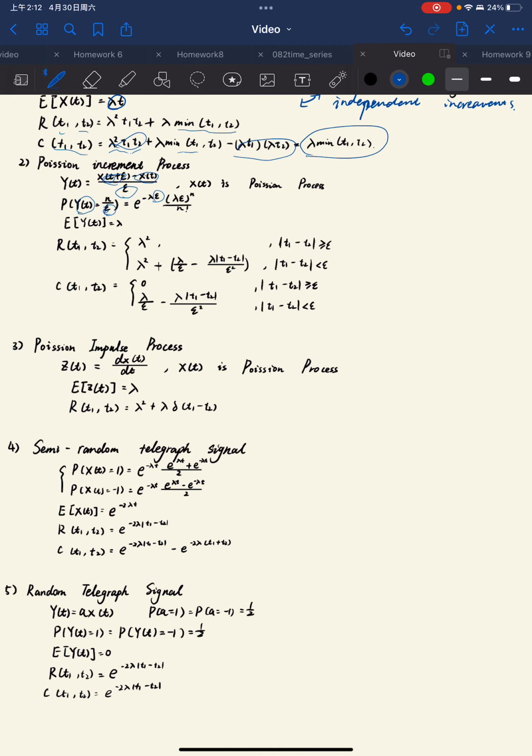Then its mean is equal to lambda, which is a constant given in the function.